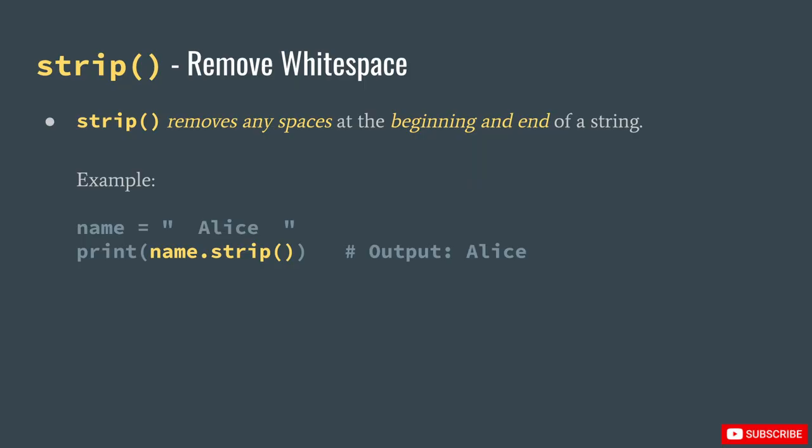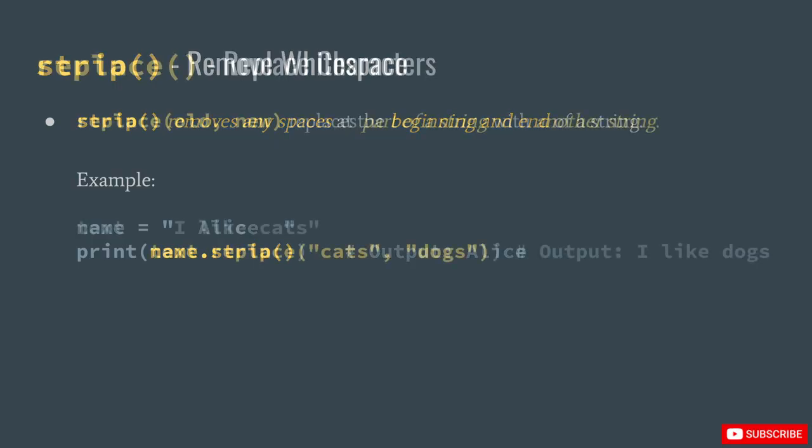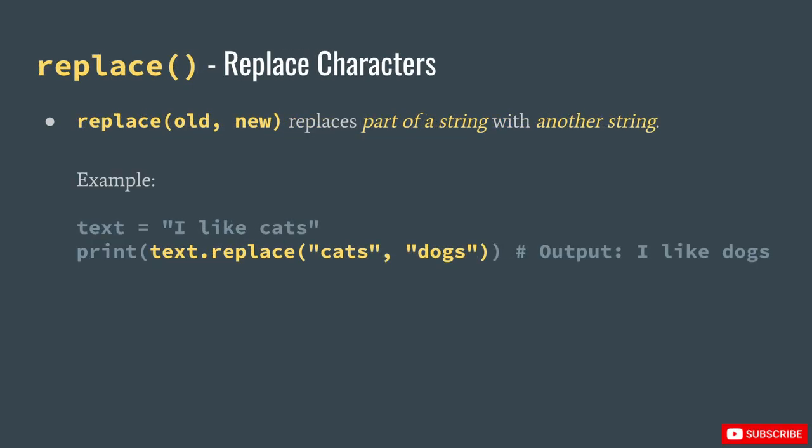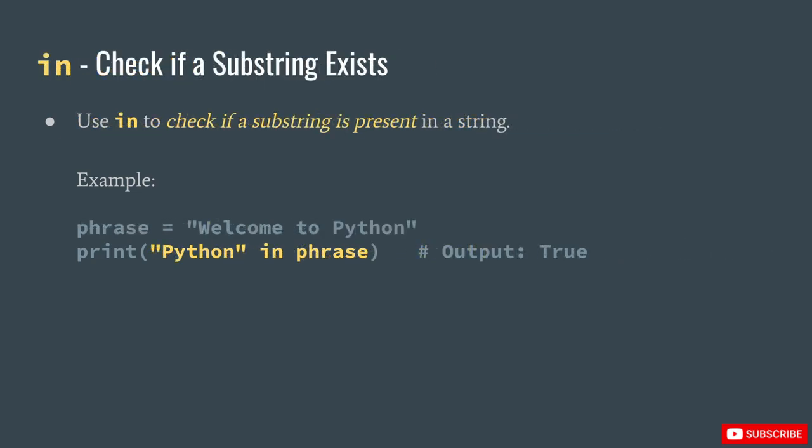It's helpful when you want to clean up user input or text data. The replace function allows you to replace part of a string with another string. You provide the part you want to replace and the new string you want to use. You can use the in keyword to check if a substring exists within a string. It returns true if the substring is found and false if it's not.